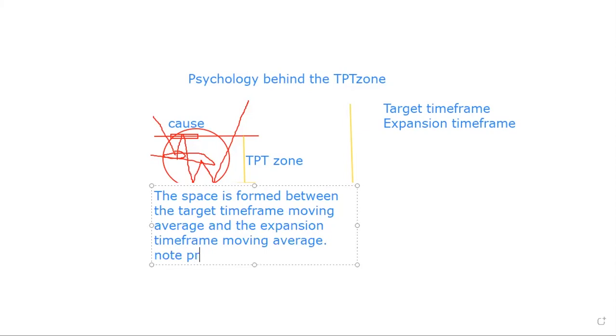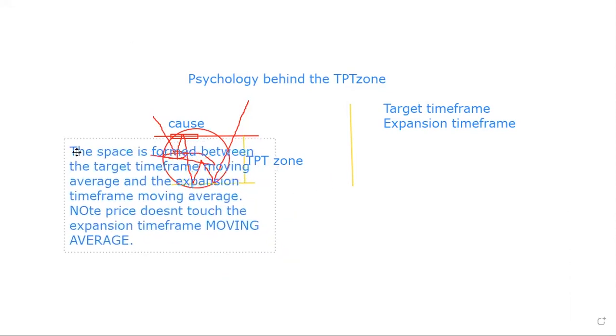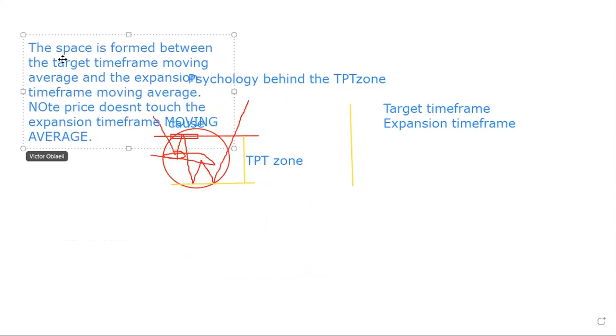Note, price does not touch the expansion time frame moving average. Yes, price must not touch the expansion time frame moving average. This is one thing you want to know about the space. It is very important we note this about the space.